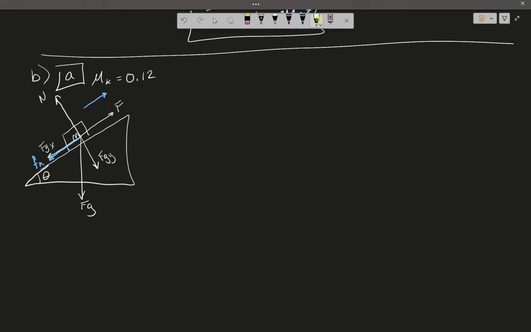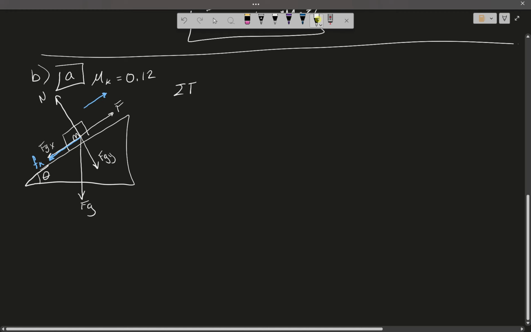So now I need to create my summation of forces in the x direction. I'll have my applied force plus my force of gravity in the x direction, and now I have this frictional force. I know that this has to be moving because I have kinetic friction, and kinetic friction tells me that it's moving.